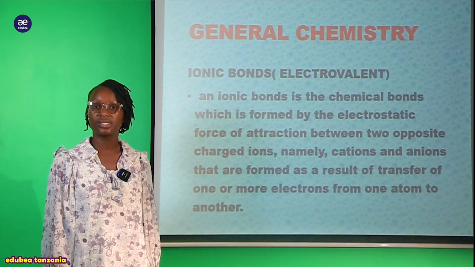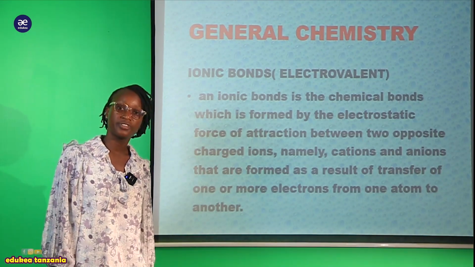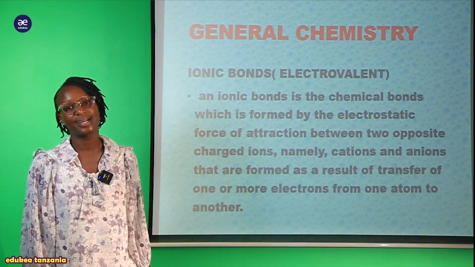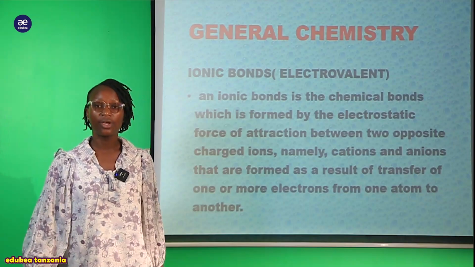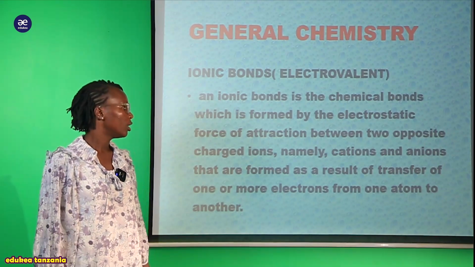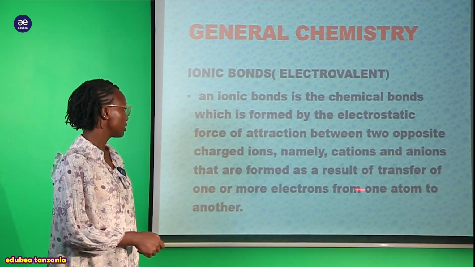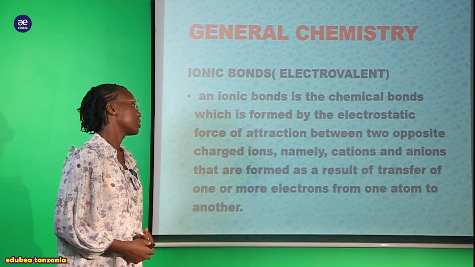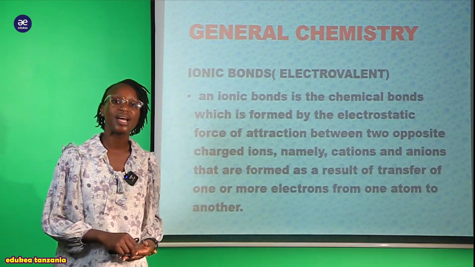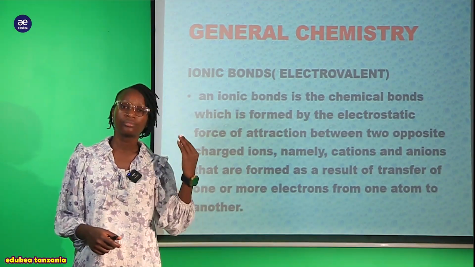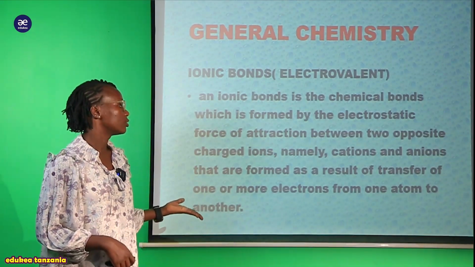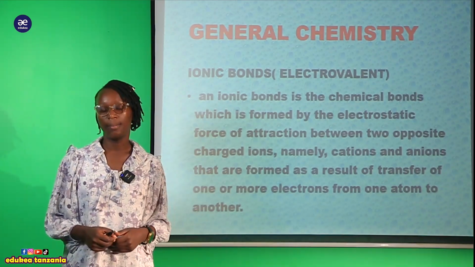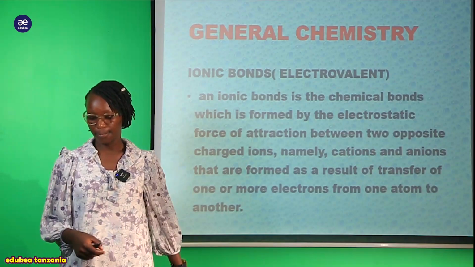Now which are those oppositely charged ions? We have the positively charged and negatively charged ion. The positively charged ion is known as a cation and the negatively charged ion is known as an anion. These are formed due to the transferring of one, two or more electrons from one atom to another.